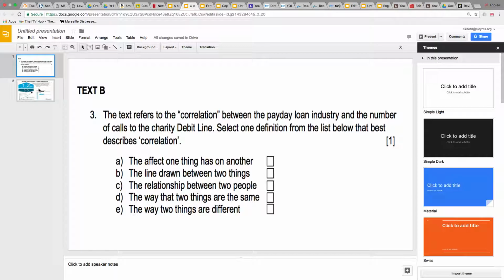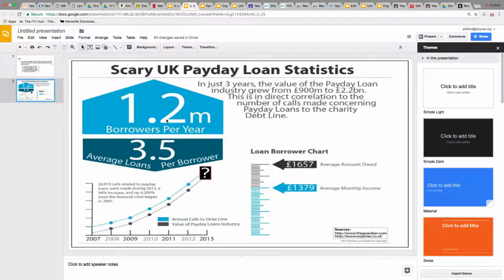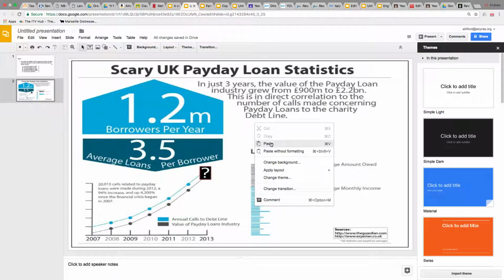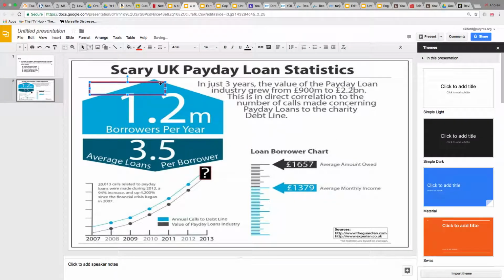So we look at text B and we try and find where it says correlation. And here we are, we find the word correlation. So when we see it in context, the value of the payday loan industry grew from 900 million to 2.2 billion.